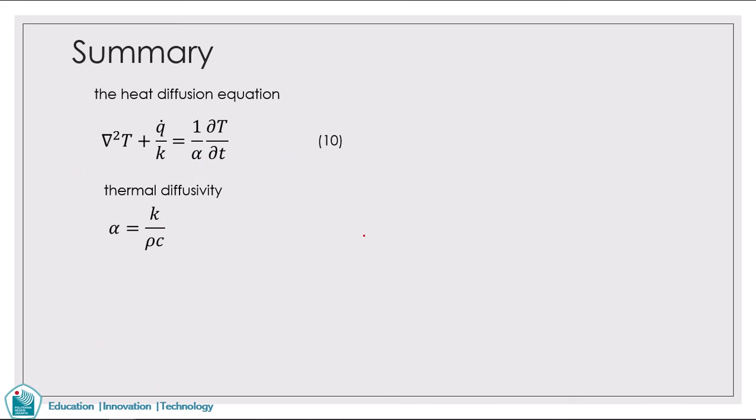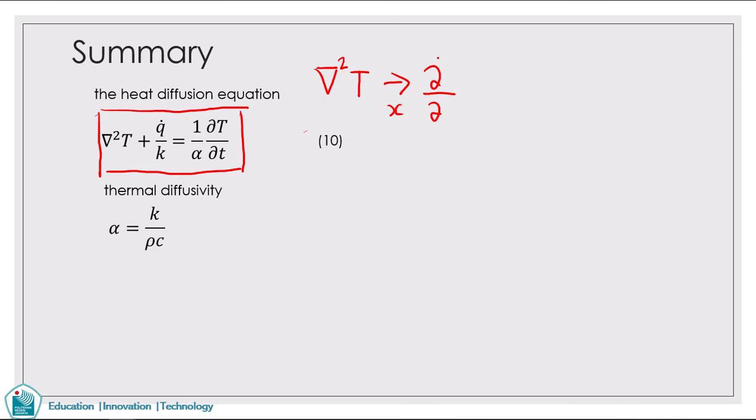As a summary, please remember this equation. And the del square T in the x direction can be written as del square T over del x square.